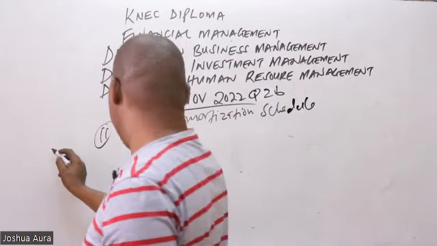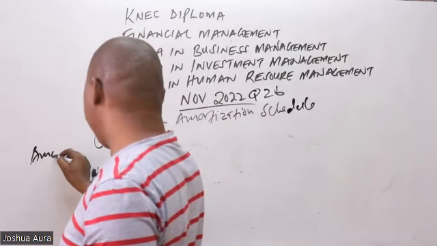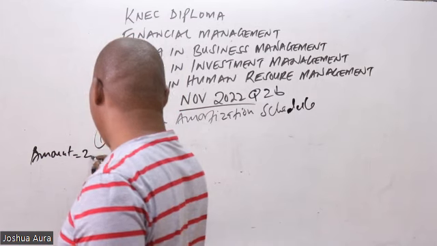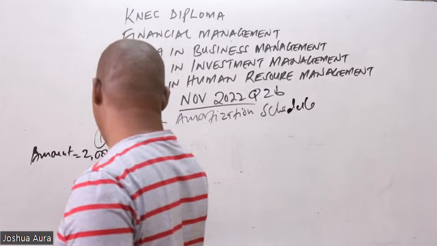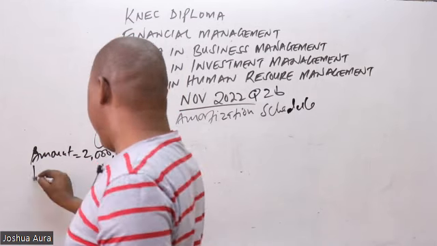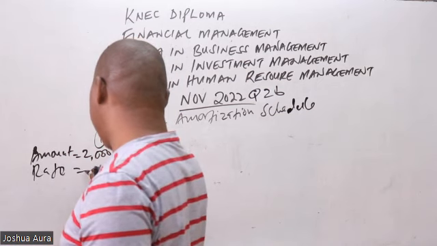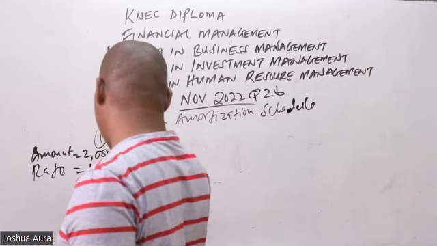So let me write it here. The amount borrowed is 2 million Kenya shillings. The annual rate is 12% per annum.